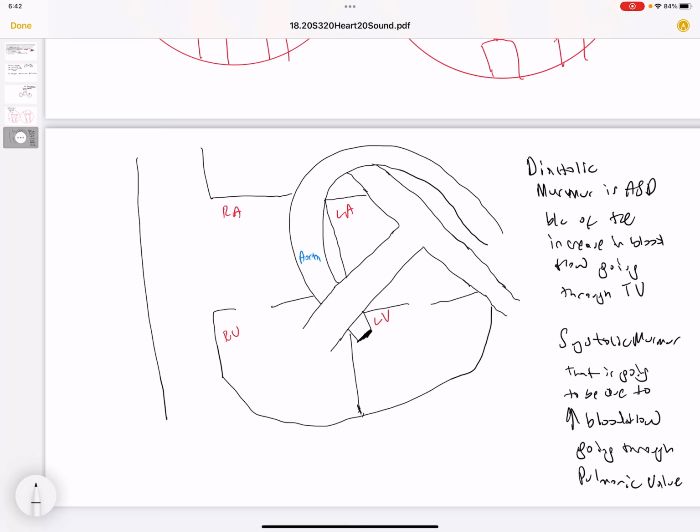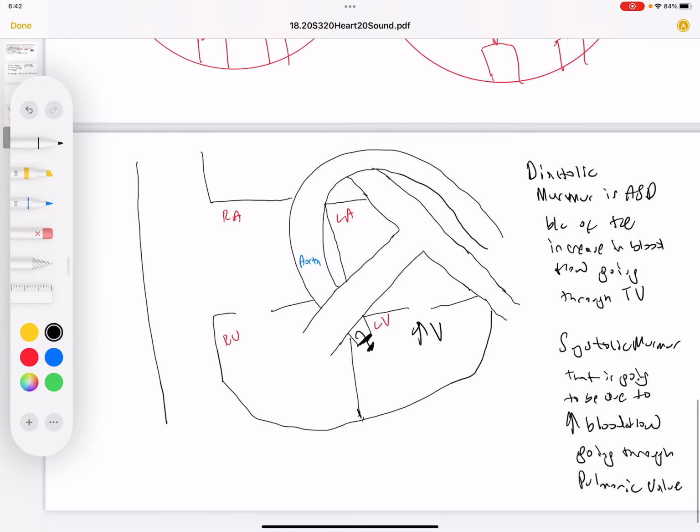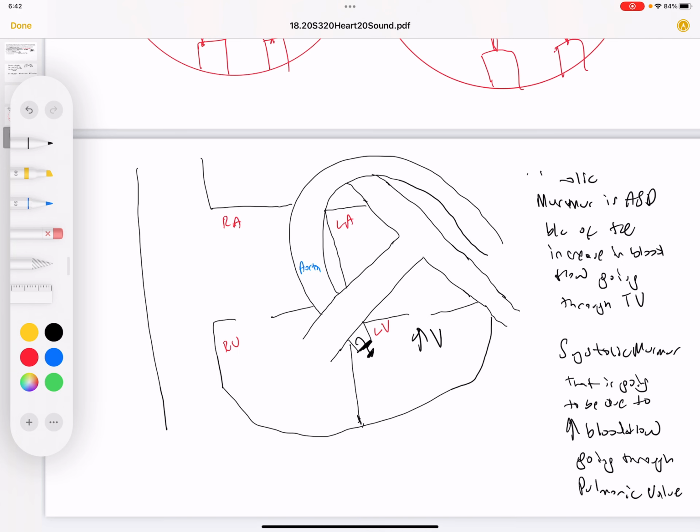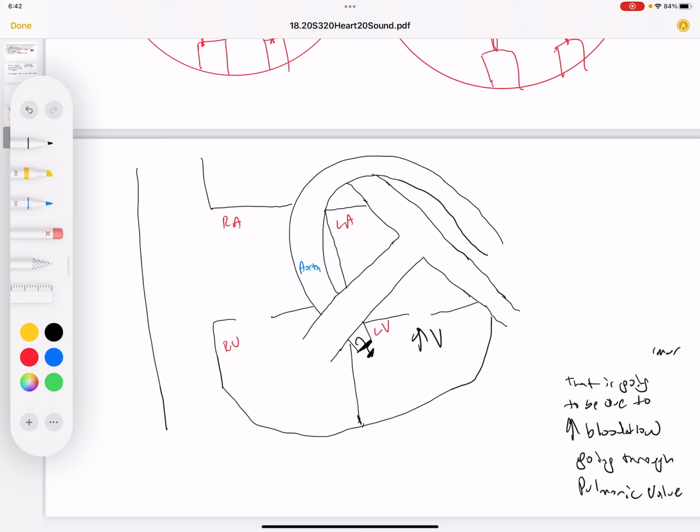In aortic regurgitation, there's going to be backflow of blood going into the left ventricle. As a result, in systole, we're going to have more blood found within the left ventricle. So there's going to be an increase in blood volume, and this is going to result in more blood volume being ejected from our left ventricle because of that regurgitation of blood from the aortic valve during diastole.